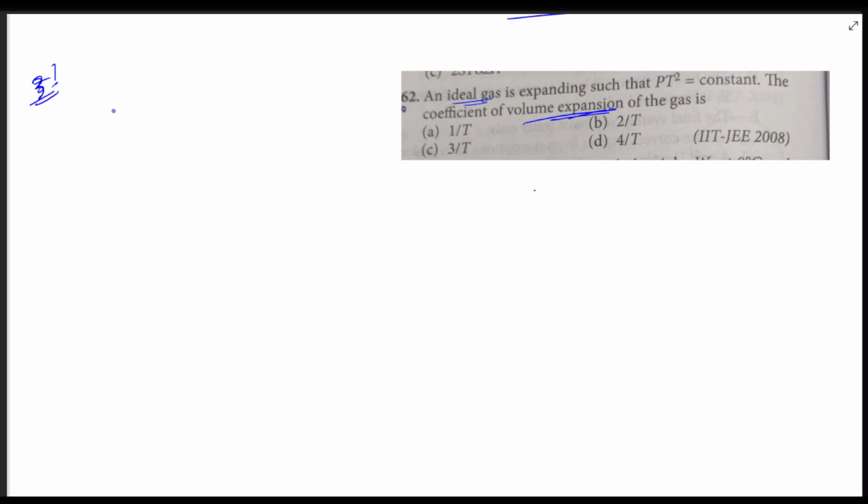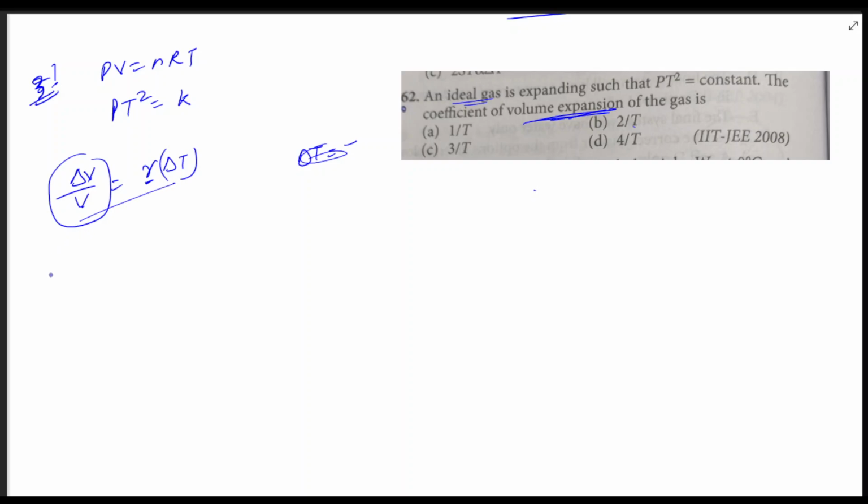We are given that P T square is some constant K. And if it is an ideal gas, we will write PV equals nRT. We have the coefficient of volume expansion, so we have to find delta V by V, which is gamma delta T. So we have to find this gamma, the coefficient of volume expansion, so we should know delta V by V.